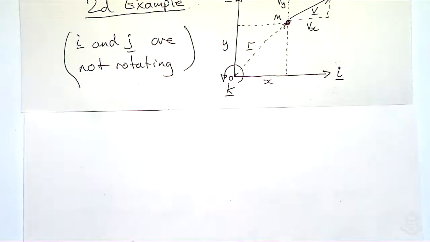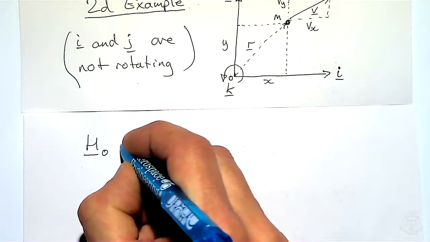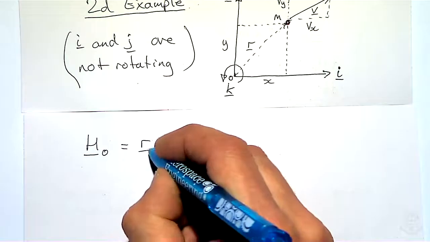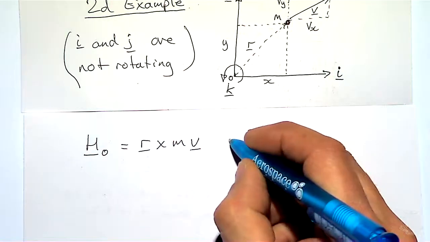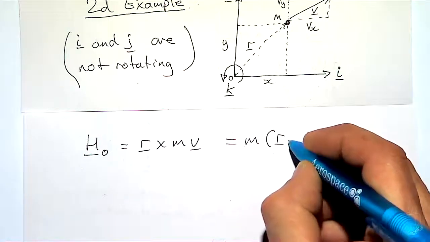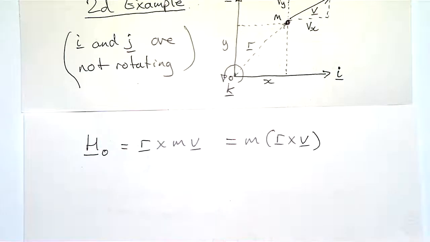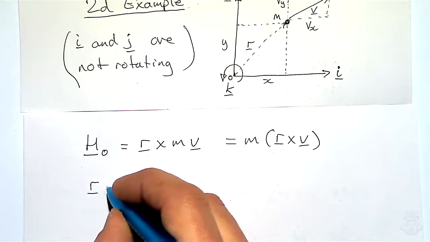So if we want to get the angular momentum, that's H0, and that's equal to r crossed with mv. If we want to, we can take the scalar outside to make it simpler to work out what's going on. The scalar is the mass, so we can write it like that: the mass times the cross product of these two vectors r and v. Let's do the vectors so we know what's going on.